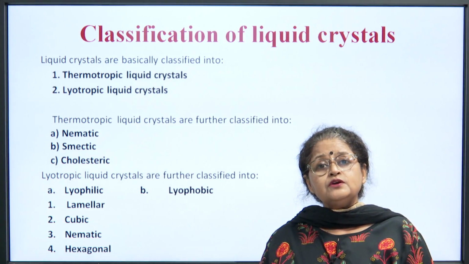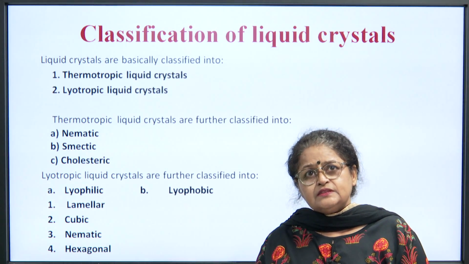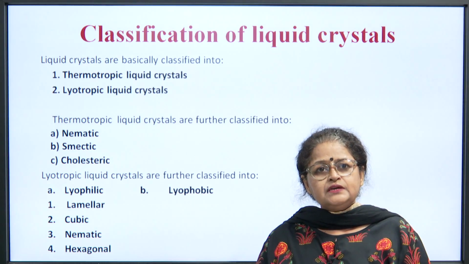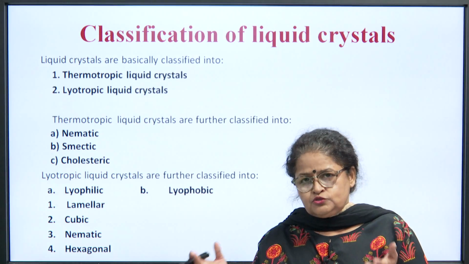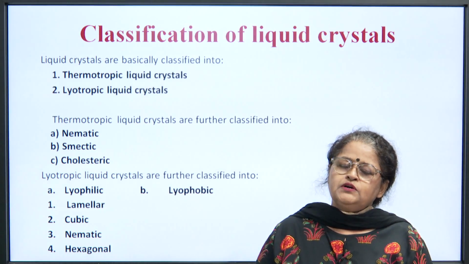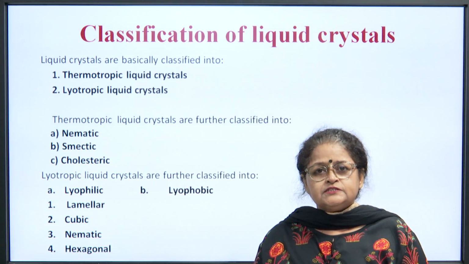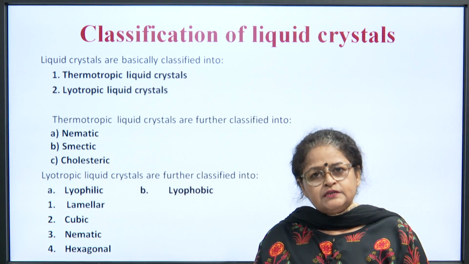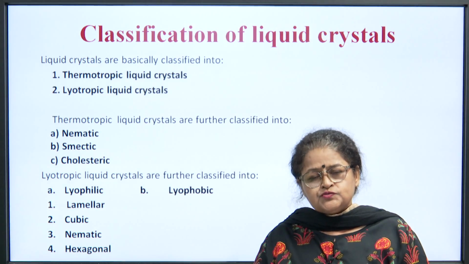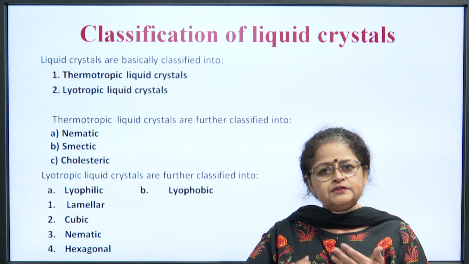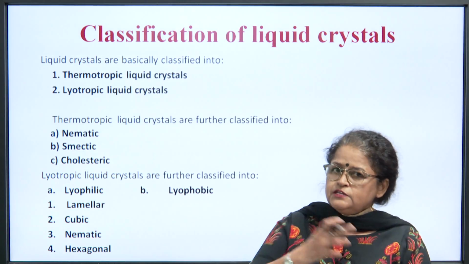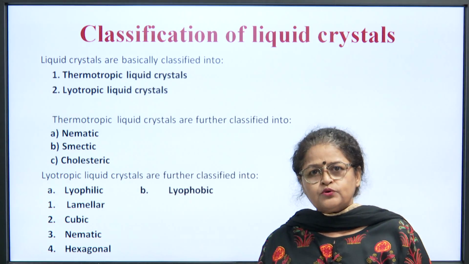Now, there is another way of preparing the liquid crystals, and what is that way? You take a solution of the solute in a solvent, which is in liquid state already, heat it up a little, concentrate it a little, and then you get an intermediate state which is neither a pure solid state nor a pure liquid state.